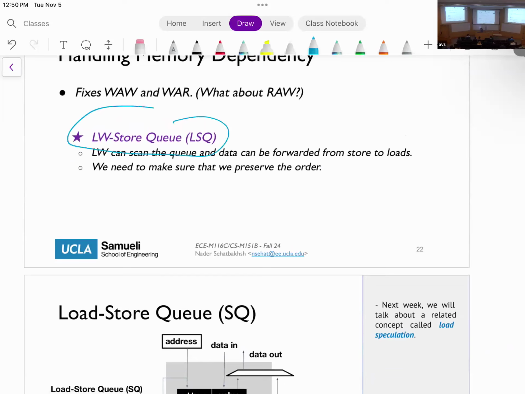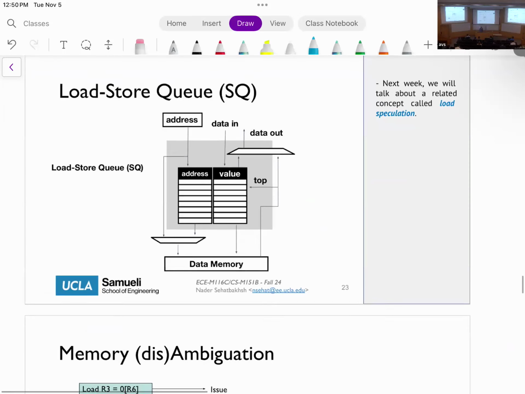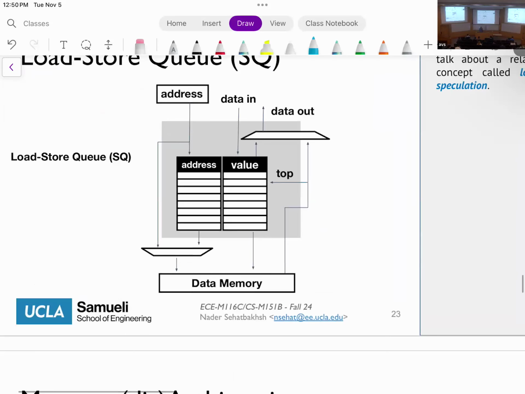So essentially the idea would be that whenever I want to load something, I first check my store queue, okay? If the data is there, then I'm going to read it from there, okay? So here's going to be my updated structure. Whenever I want to write something, I write it to that store queue first.